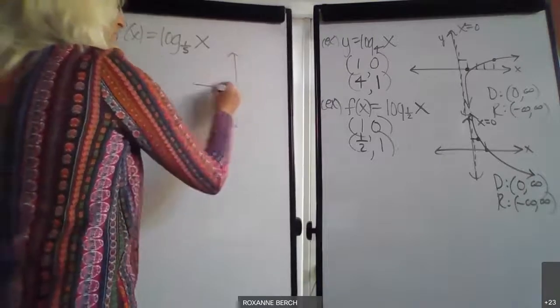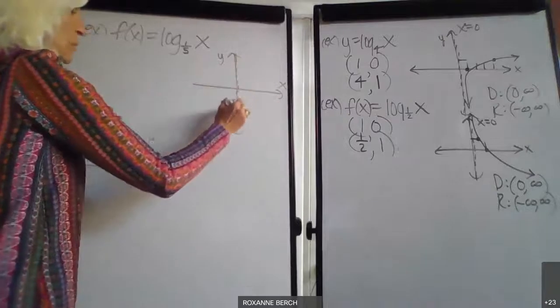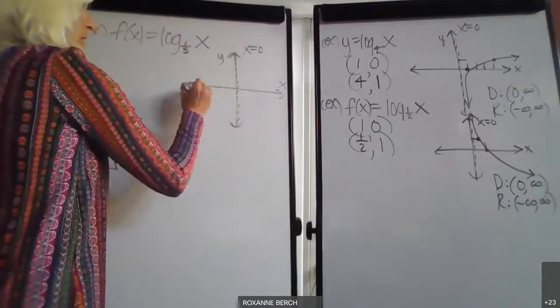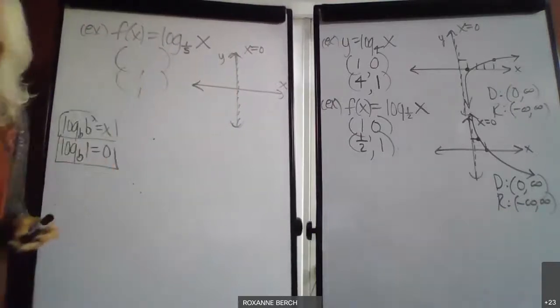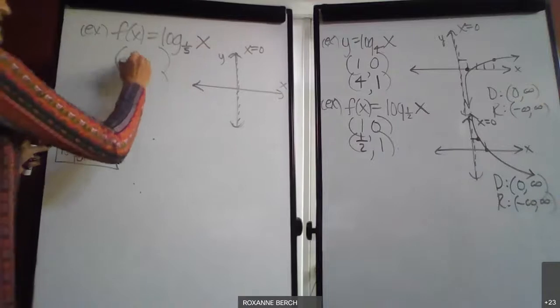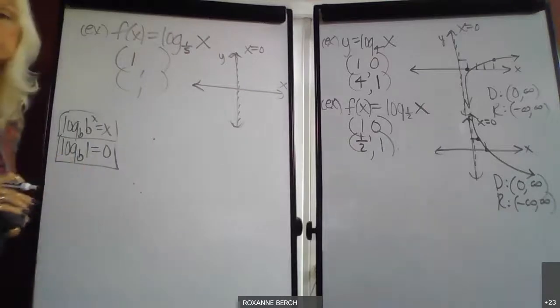So once again, the logarithmic function has a vertical asymptote at x equals 0. And we want to pick 2 points. What x would you want? 1. So what's log base a fifth of 1? 0.